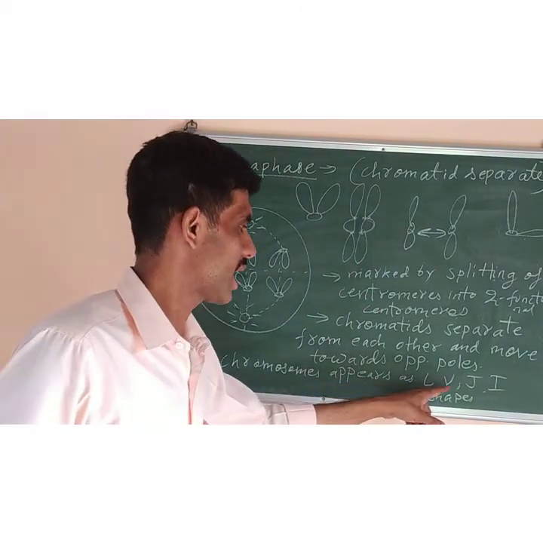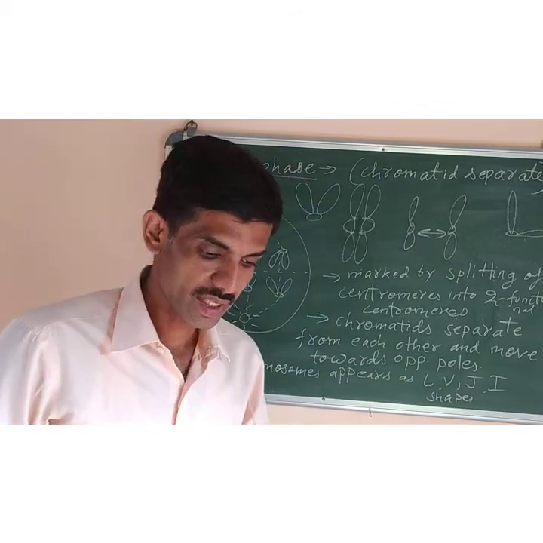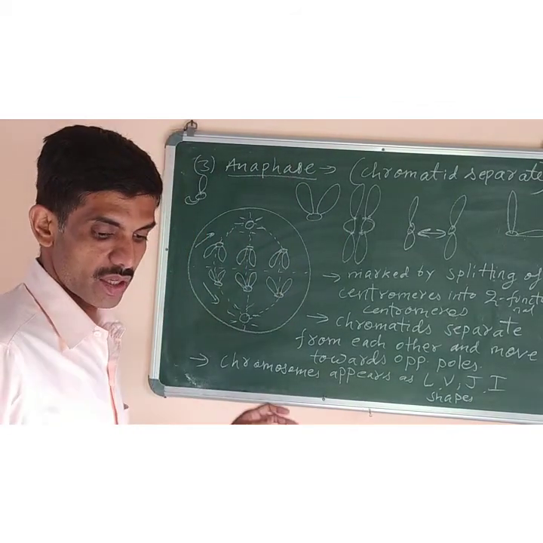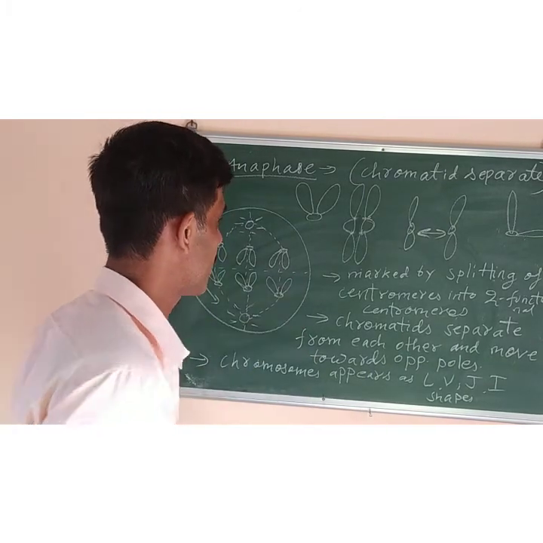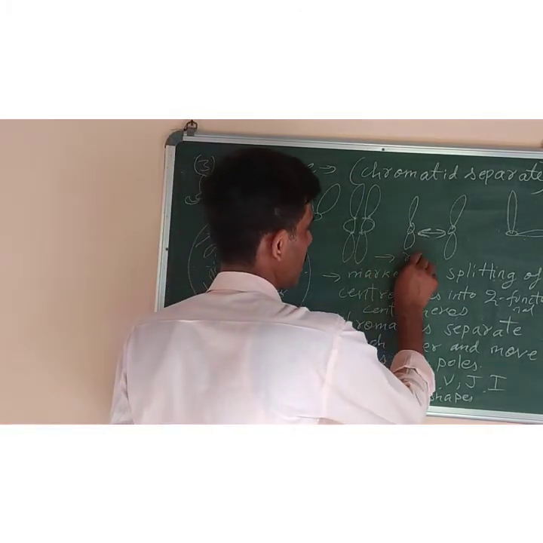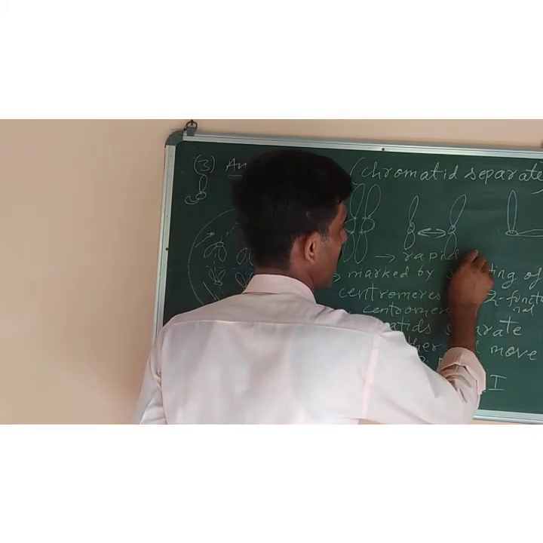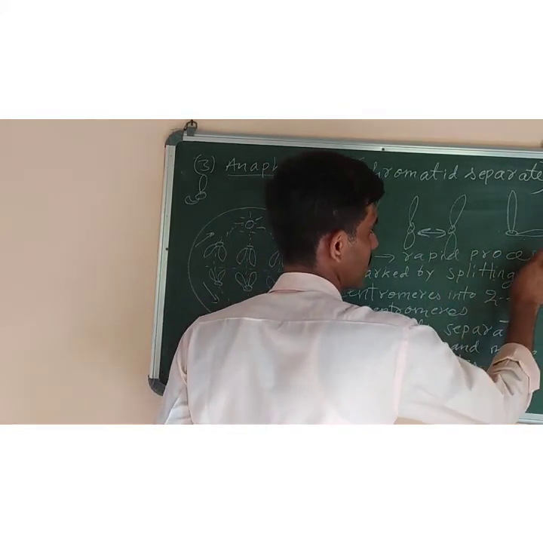Chromosomes appear as L, V, J or I shapes during the movement towards the poles. This process is very fast. So one more characteristic we can write: rapid process. Anaphase is a fast process.